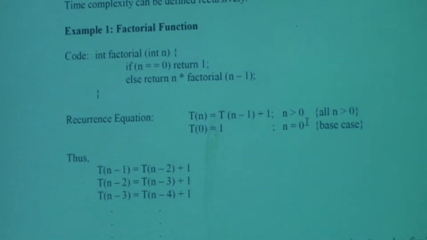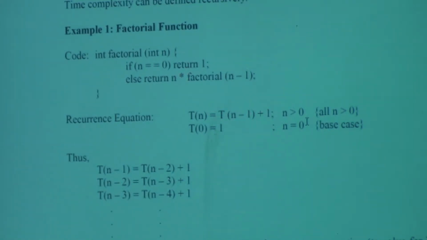So if you give me factorial of 0, I will need to execute one statement, and I'll return correctly the value 1 to you. But if you give me a value that's higher than 0, like 1, 2, 3, 4, 5, etc., then this condition will be false. I will return to you the product of n times factorial of n minus 1. This is a recursion, and this is the T(n-1).